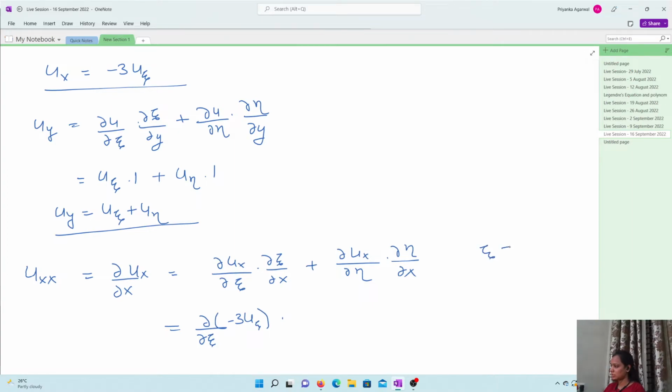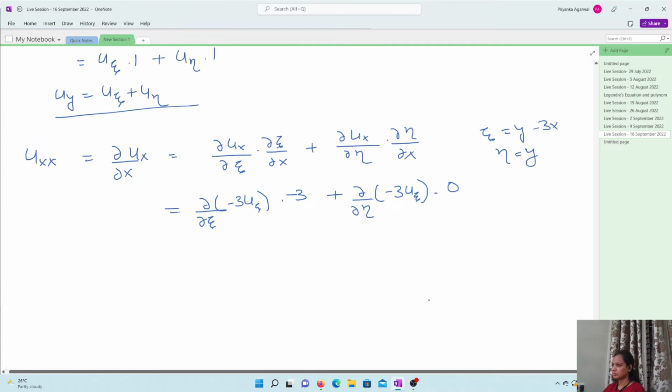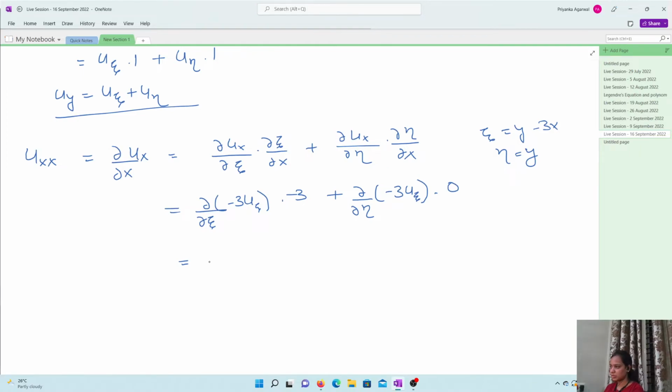So we know that xi is y minus 3x and eta is y. So this becomes minus 3, plus this becomes del by del eta of minus 3 u xi into 0. Okay, so what does it become? Minus 3 into minus 3, this is 9 u xi xi.